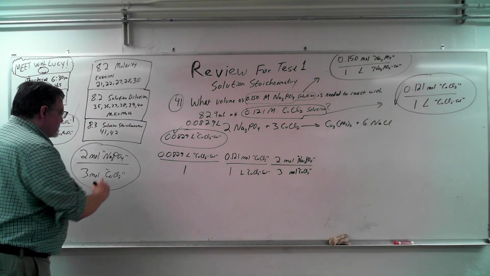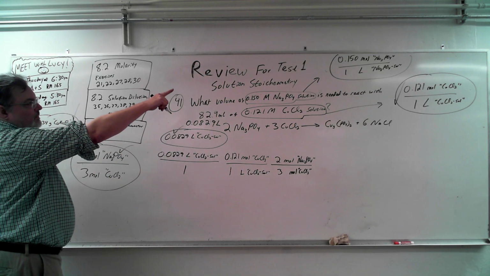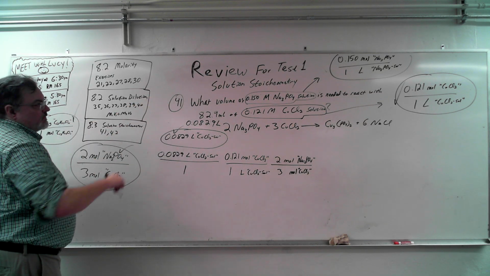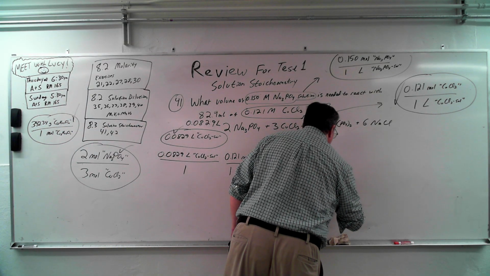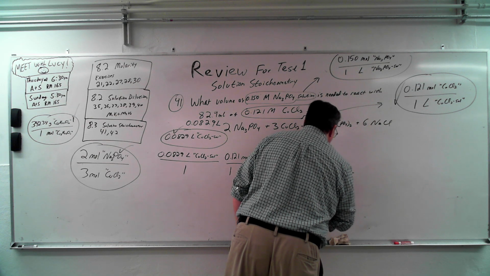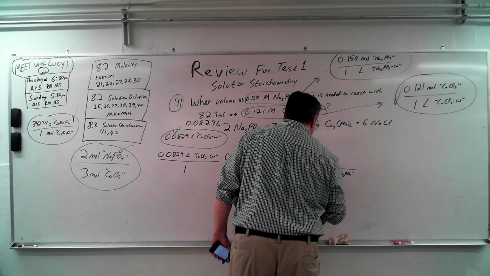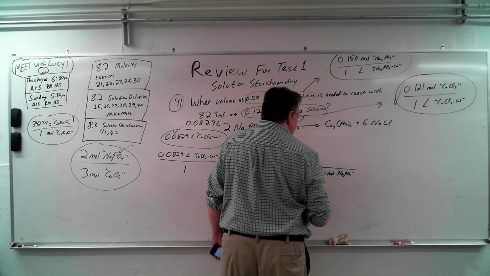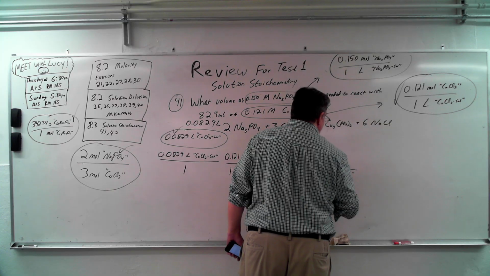Now we need moles of Na3PO4 on the bottom. We've only got one of these left, it's up there, and it's got moles of Na3PO4. So moles Na3PO4, 0.150 moles of Na3PO4 to 1 liter.